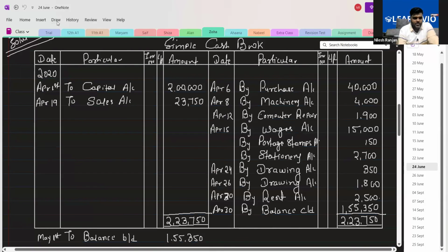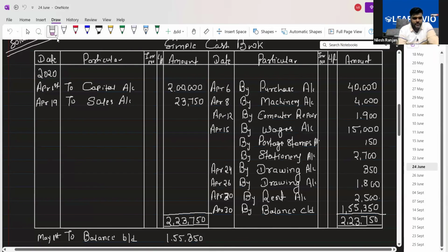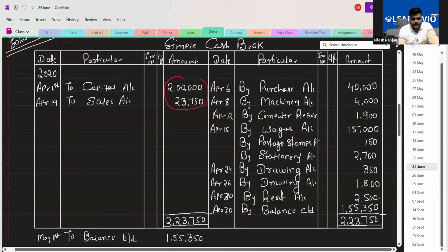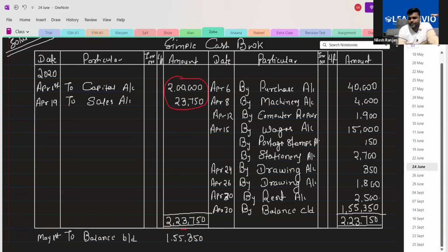Now, if you see here, this is the total, 2,23,750, and the total of this is different, meaning a lower value.